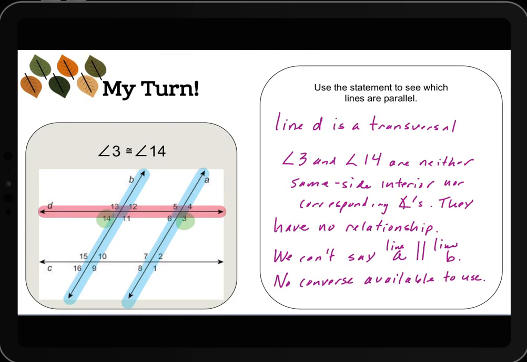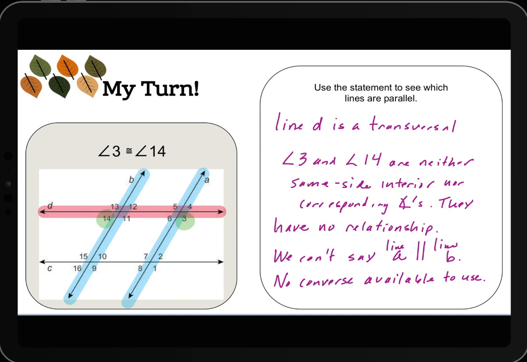Let's go ahead and take a look at this example. 3 and 14, they're congruent to each other. I identified the transversal. I identified that 3 and 14 are neither same side interior nor corresponding. They're both on the same side of the transversal, so they could never be considered alternate interior or exterior either.